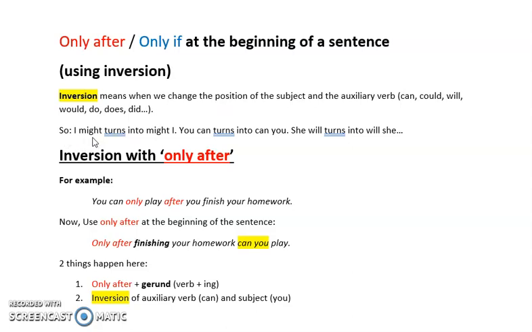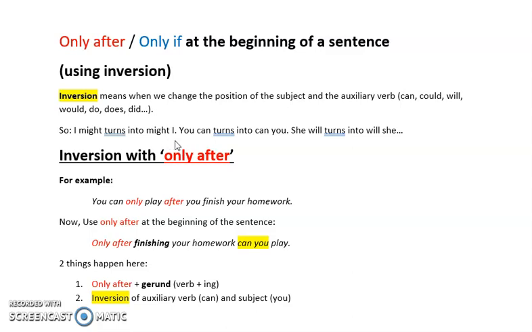I might. I've got my subject I, my auxiliary verb might. I might in inversion turns into might I. So now, after inversion, first I have my auxiliary verb and then I have my subject.